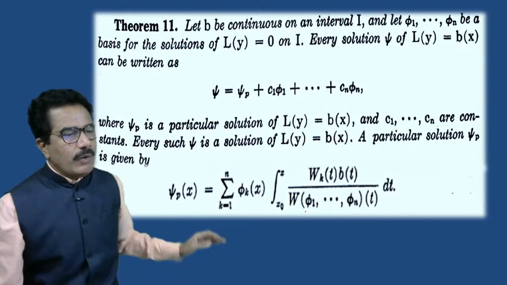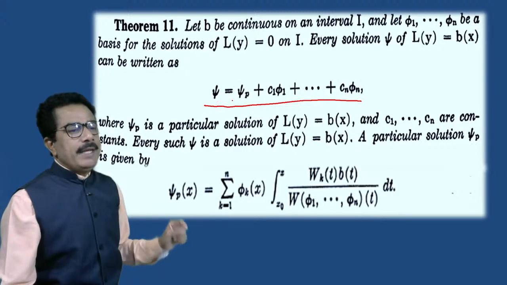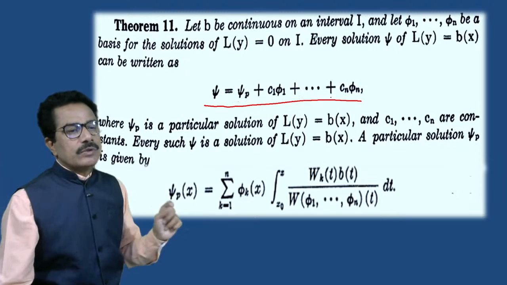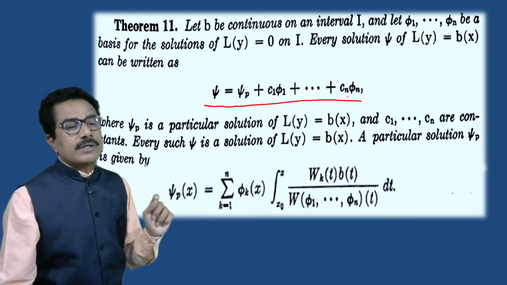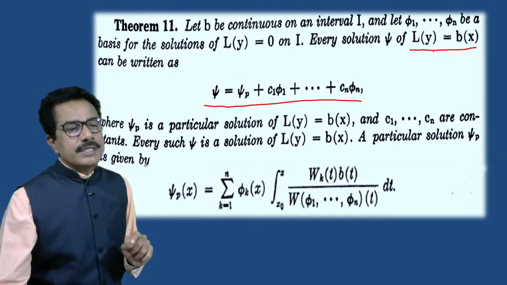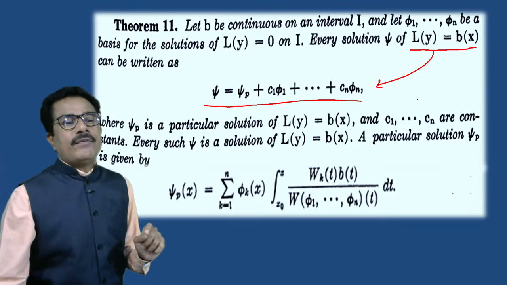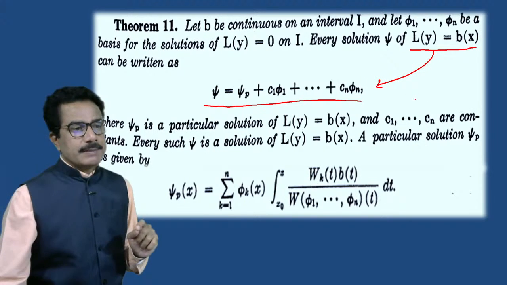See this. Now what do we have to prove here? We have to show that psi equals psi p plus c1 phi 1 plus c2 phi 2 plus dot dot dot cn phi n is the solution of the given non-homogeneous differential equation L of y which equals b of x.